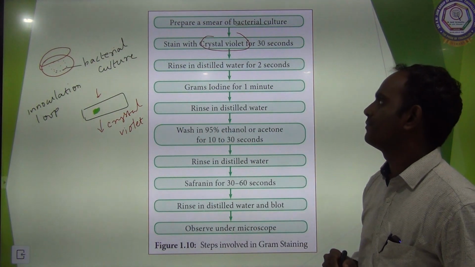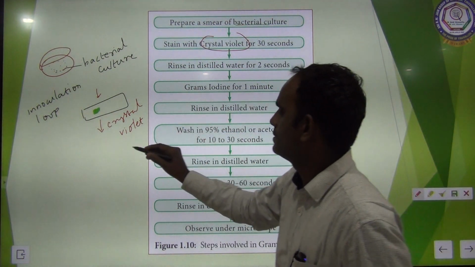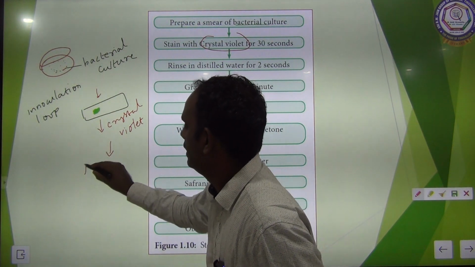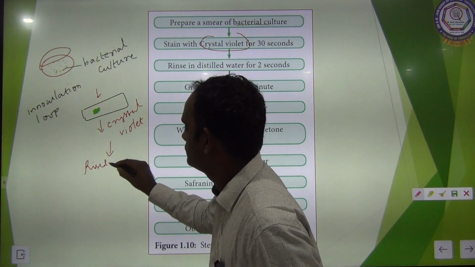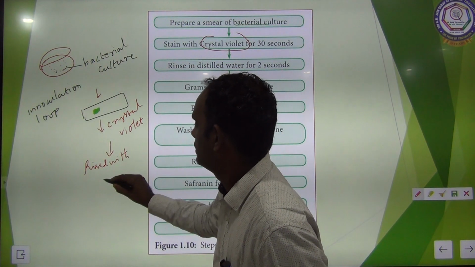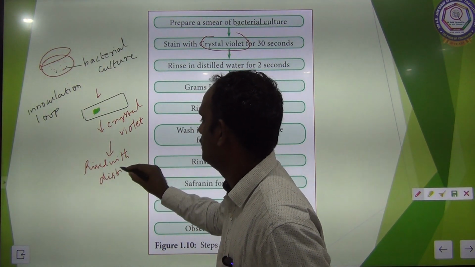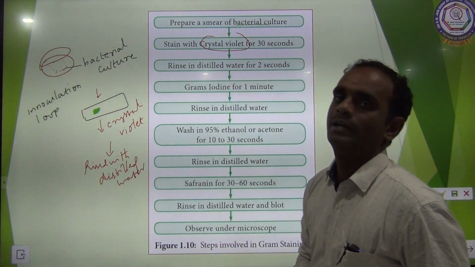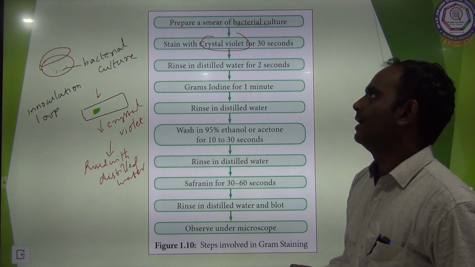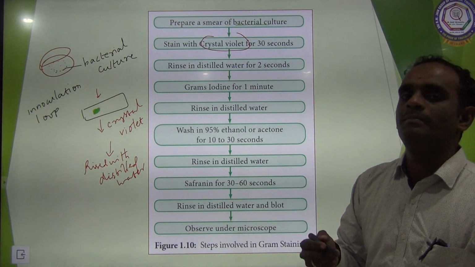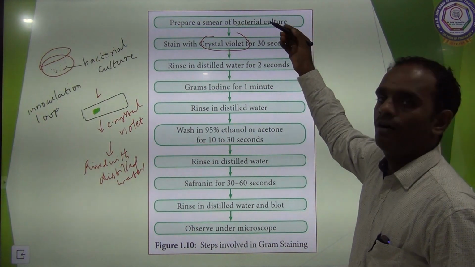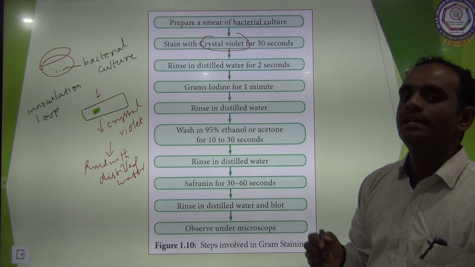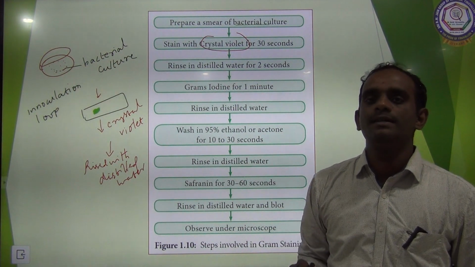Crystal violet. After that, rinse with distilled water. Okay, initially prepare a bacterial smear of the culture and stain with crystal violet for 30 seconds.